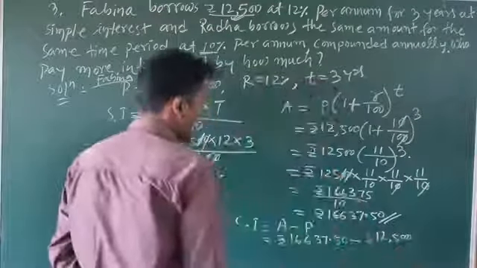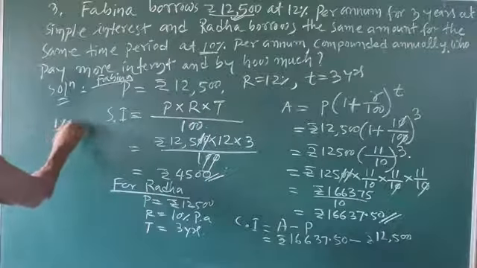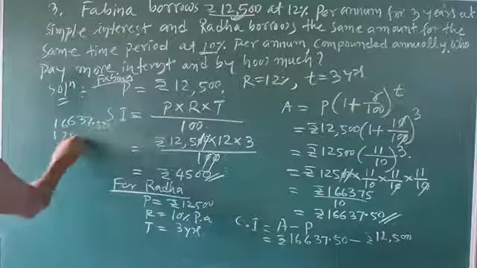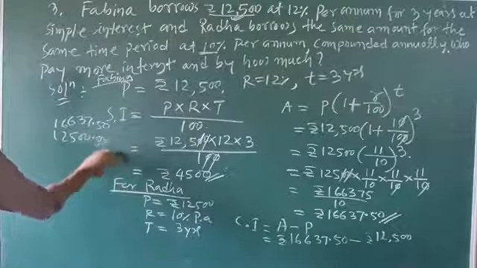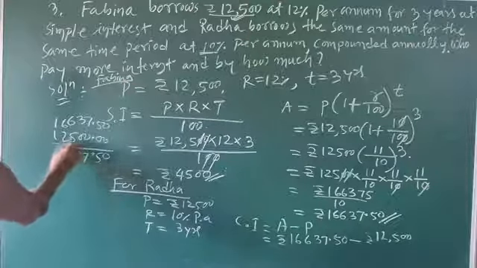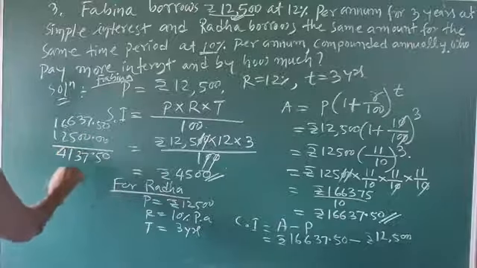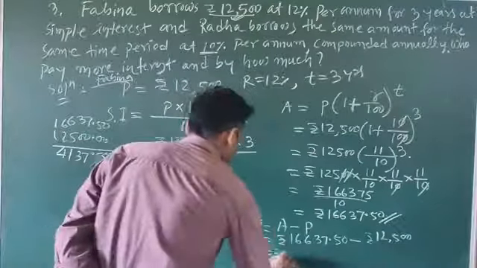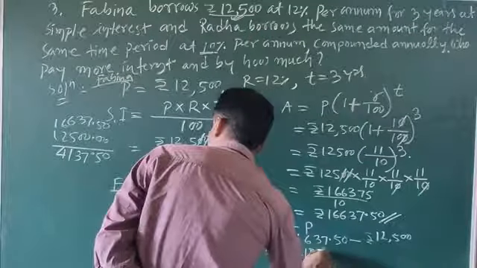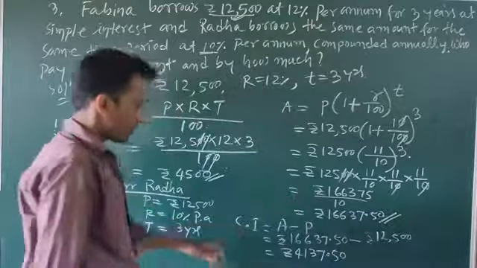You do subtract. 16637.50 minus 12,500. 0 5 7 3, 6 minus 5 is 1. 6 minus 2 is 4. 4137.50 rupees. This is your compound interest.